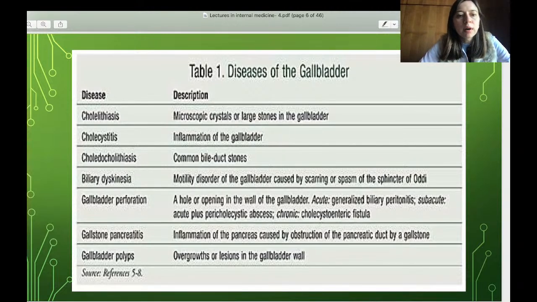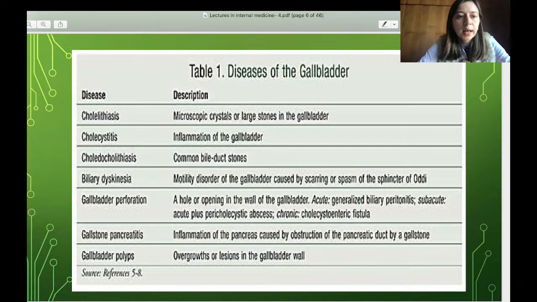Next, gallbladder perforation. And what is it? A hole or opening in the wall of the gallbladder, and it may be acute, and acute is generalized biliary peritonitis. Subacute combines acute plus pericholecystic abscess, and chronic is cholecystoenteric fistula.